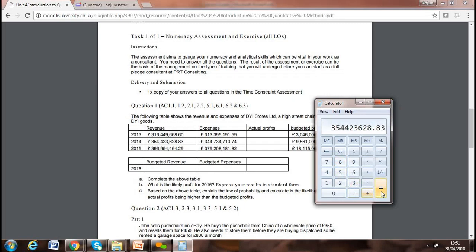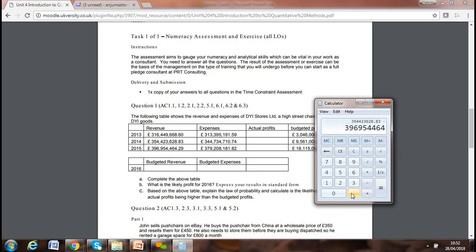So I have this figure, yes, minus, so these figures include slightly bigger figures. So it's just a matter of putting them in right. Oh, I'm entering wrong figures, no? So 396,954, 464, yes?